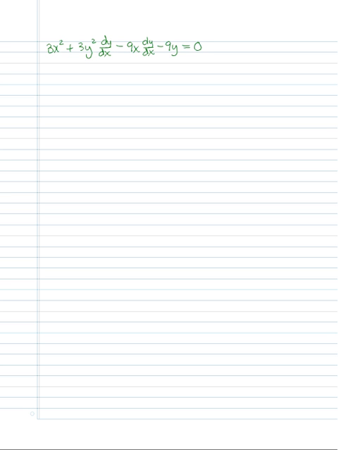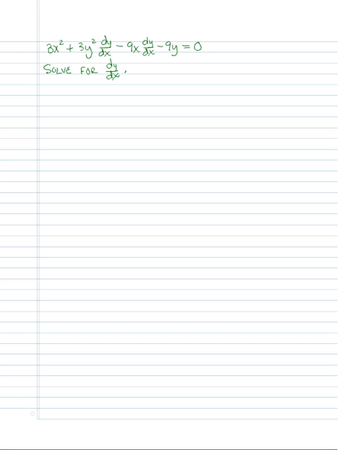Now, what is it we're trying to find? See, we need to understand where we are, and it's easy to lose track. Now we need to solve for dy over dx, don't we? We need to find the slope, and to find the slope, we need the derivative of y with respect to x. And so we look at this equation, and we say, okay, we've got two terms that involve dy over dx and two terms that do not.